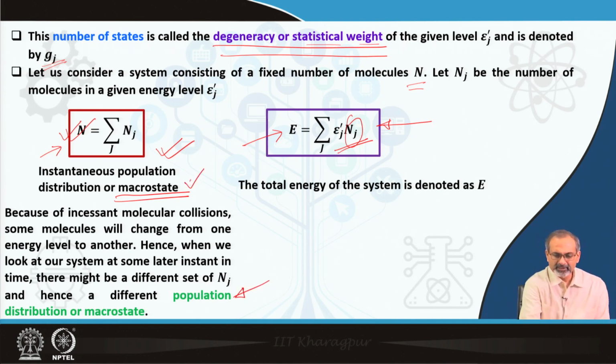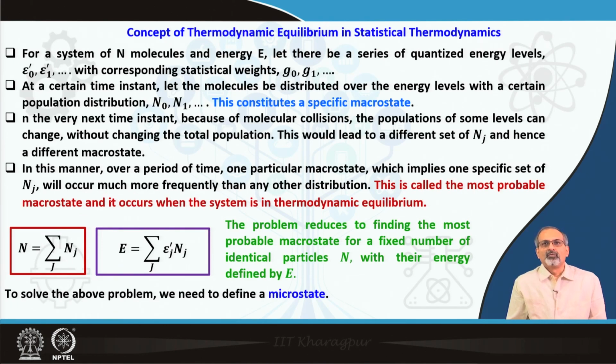Remember that the population distribution is basically the distribution of Nj spread over the different j levels of energy, and that is what gives rise to a macro state. And we can later see that there would also be a concept of microstate, which we will gradually introduce.